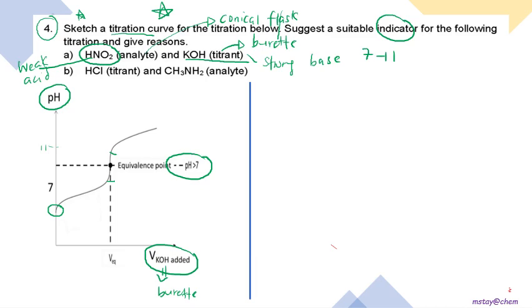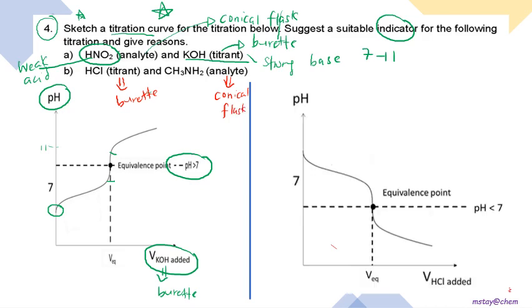Next one, HCl is the titrant, which is in the burette, while the CH3NH2 is the analyte, which will be in the conical flask. So this time for this pH curve, the pH value will get less and less.